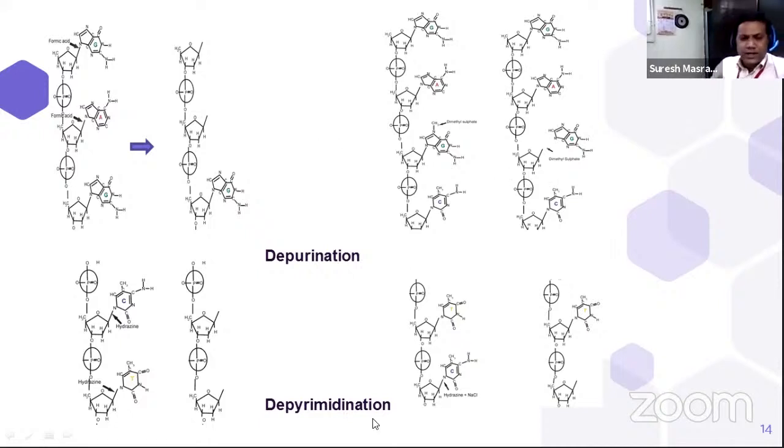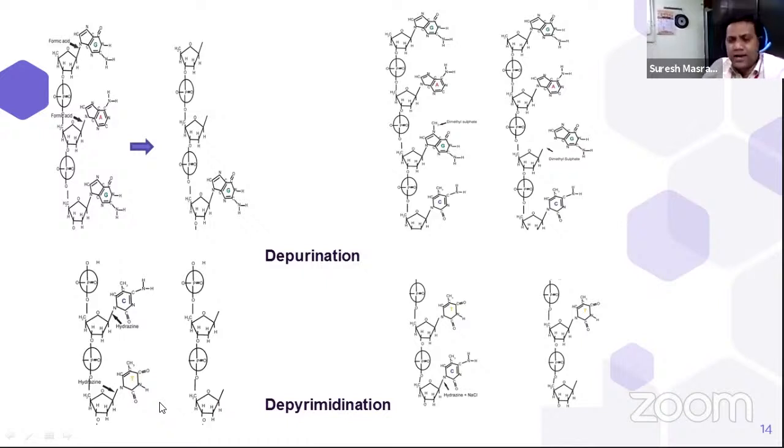Also, there is depyrimidination. This process is the separation of the pyrimidine molecules, both thymine and cytosine, from the single-stranded DNA. Here, hydrazine hydrolyzes the glycosidic bond between the deoxyribose and the cytosine, as well as between the deoxyribose and thymine.